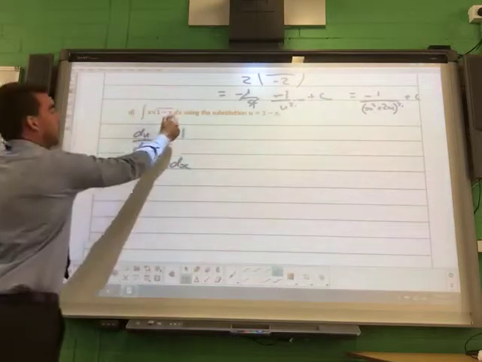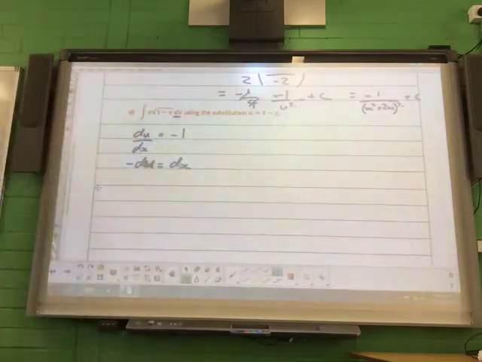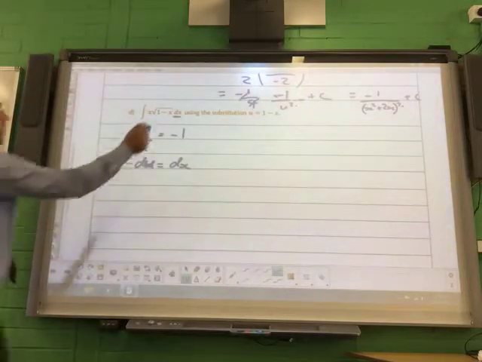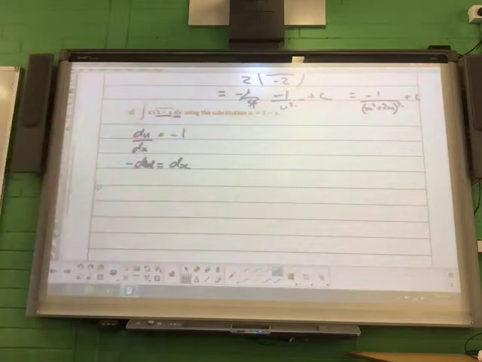So I've got that one, replace that with a negative du. I know what 1 plus x is, I can replace that with u, but I have a problem. I've got x out the front. Any suggestions what I'm going to do?